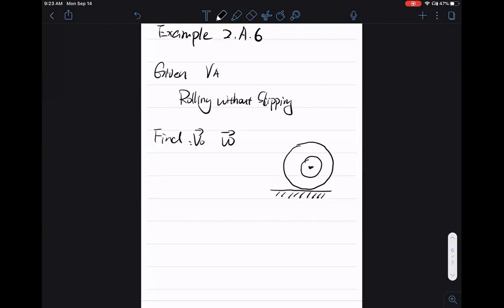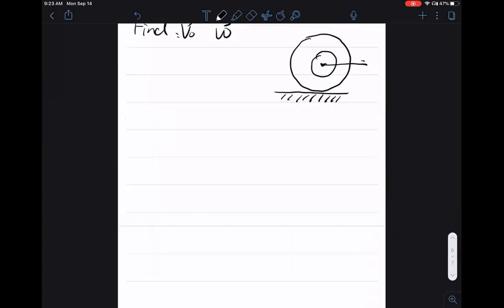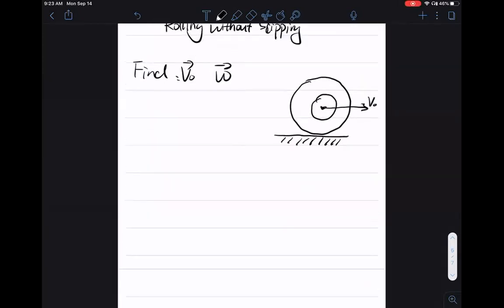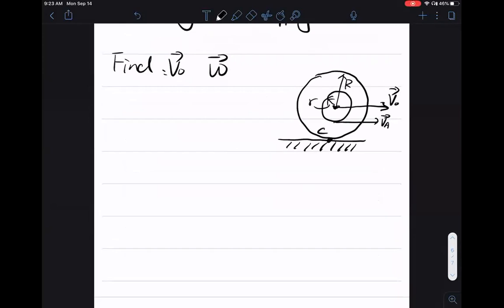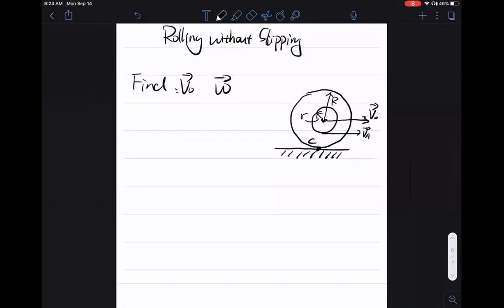In this case, we have a spool. The spool has two radii, the inner radius and the outer radius. Okay.